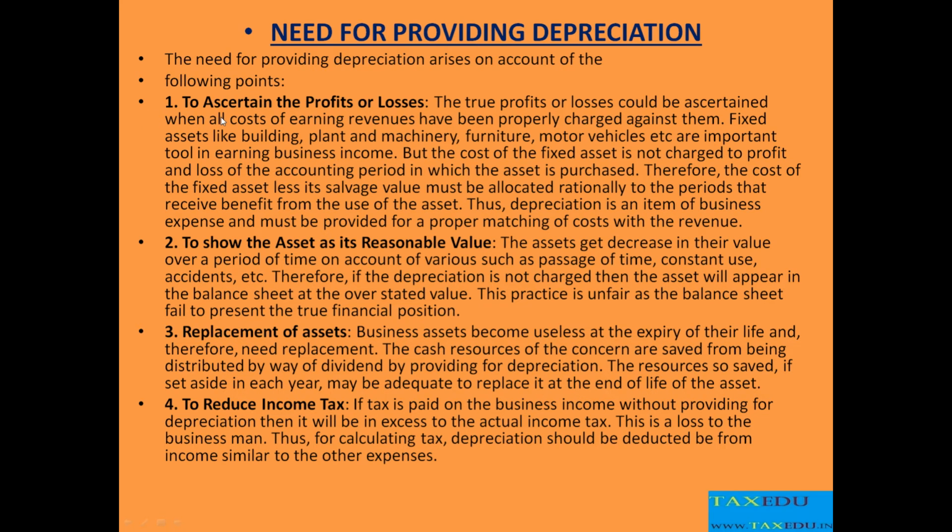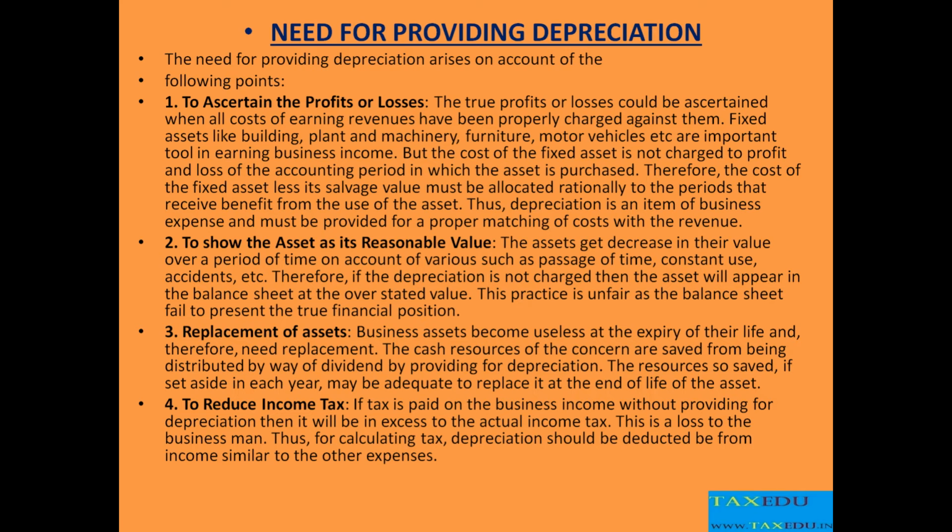1. To ascertain the profit or losses. The true profit or losses could be ascertained when all costs of earning revenues have been properly charged against them. Fixed assets like building, plant and machinery, furniture, motor vehicles, etc. are important tools in earning business income. But the cost of the fixed asset is not charged to profit and loss of the accounting period in which the asset is purchased.